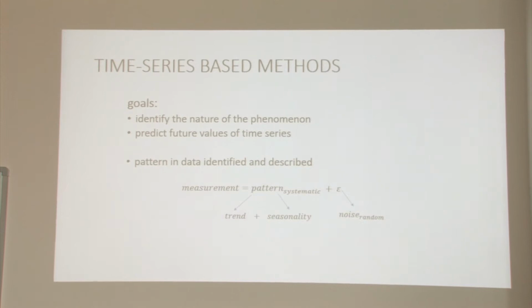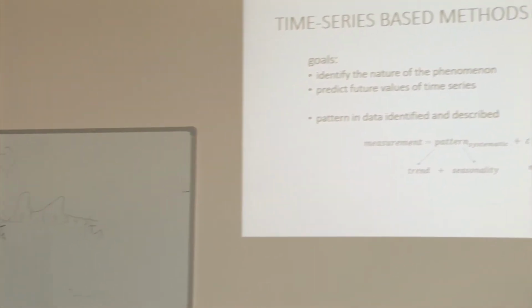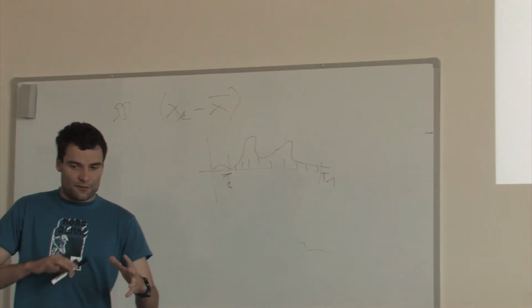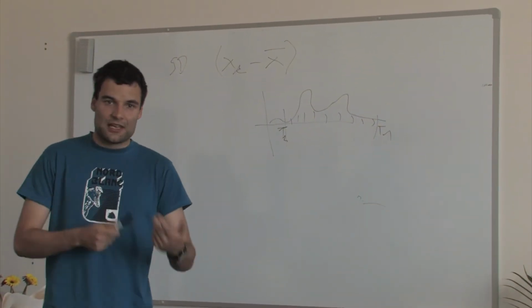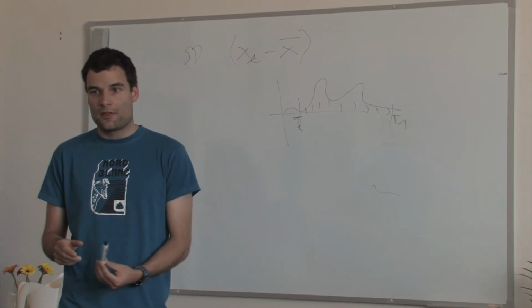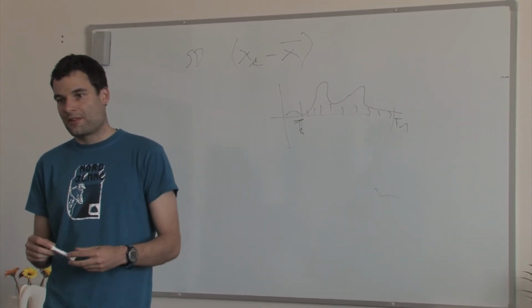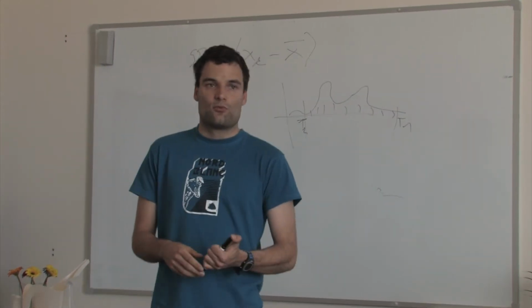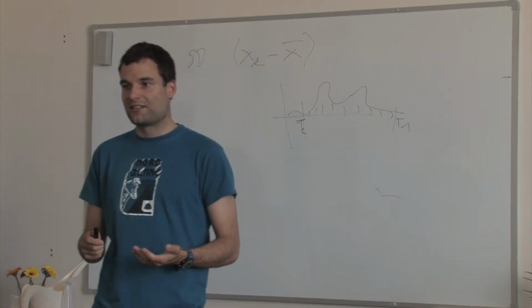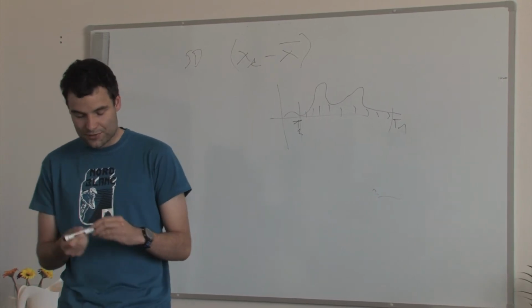The measurement we can model as a value which, as you can see there, has some kind of systematic part which we can predict, and in addition to that there is a random error, which is usually modeled by white noise, sampled from a normal distribution with zero mean.